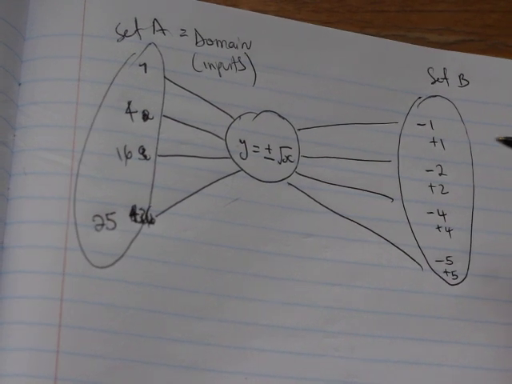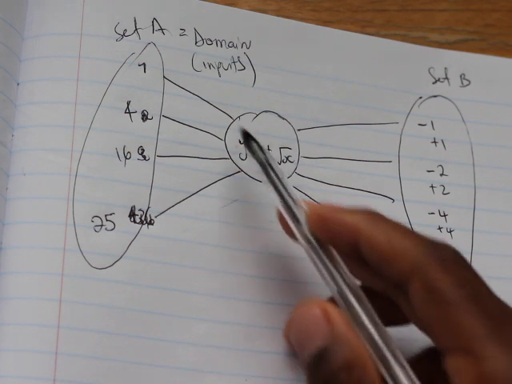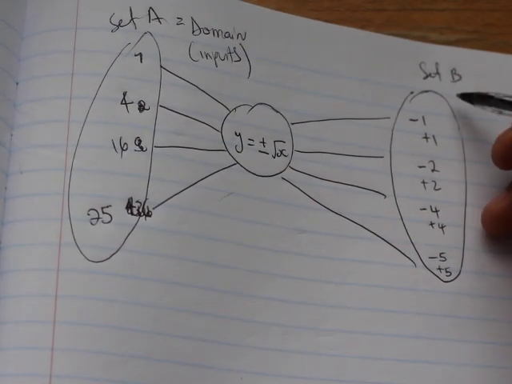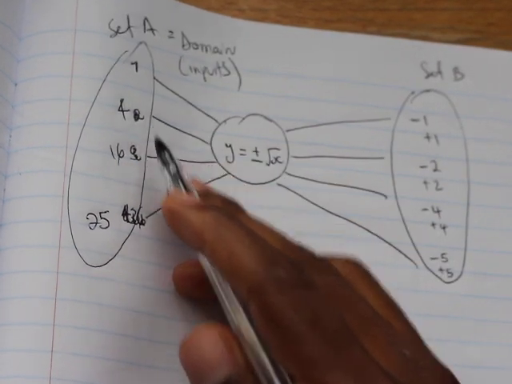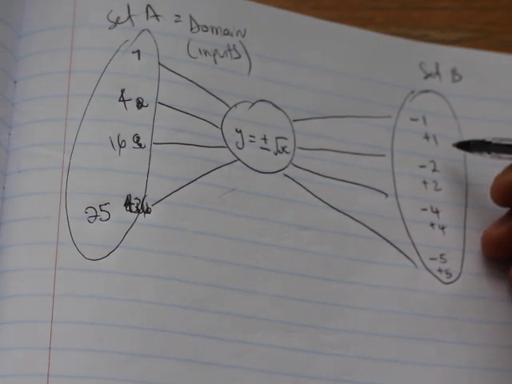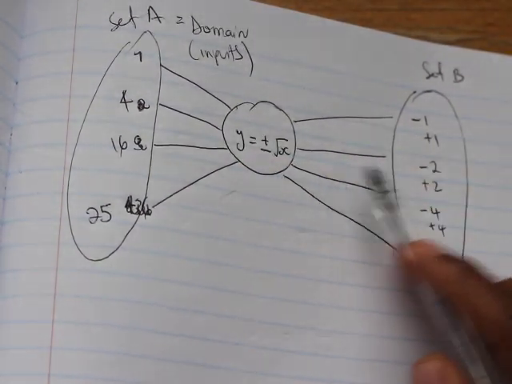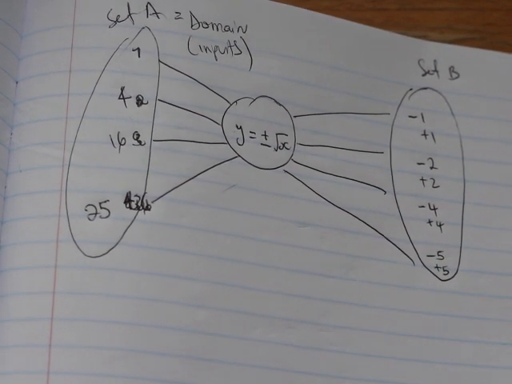And you realize that when you substitute your 1, it produces 2 corresponding y values. Do you understand? In other words, the 1 gives us either -1 or +1, and then the 4 gives us -2 or +2. So on and so forth.